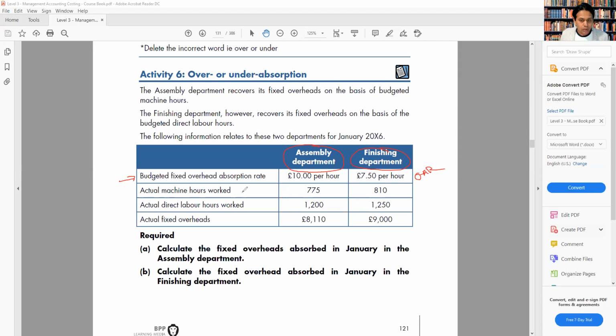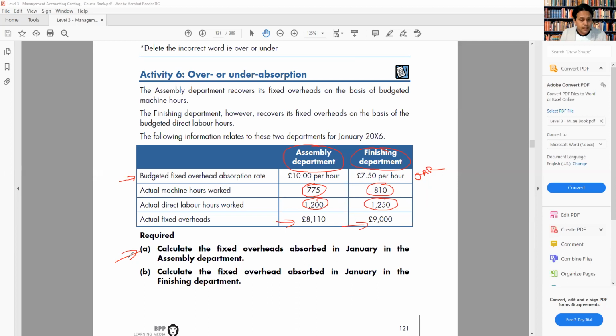Actual machine hour worked, this hour we need to identify whether we absorbed more or less. Actual direct labor hour worked 1200 and 1250, and the actual fixed overhead, this is the one we're going to compare, 8110 and 9000.